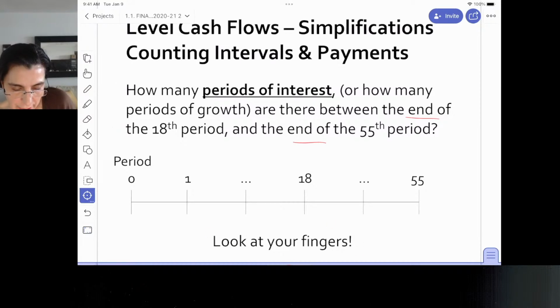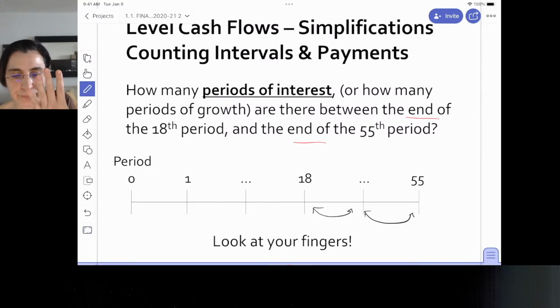If you want the periods of interest or the periods of growth, or the space in between, that's simple subtraction, right? So if you look at your fingers, there's 1, 2, 3, 4 spaces between. So if I numbered my fingers 1, 2, 3, 4, 5, then I take 5 minus 1 to get the 4 spaces between.